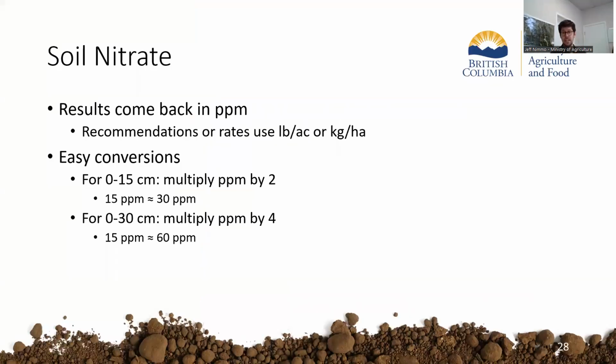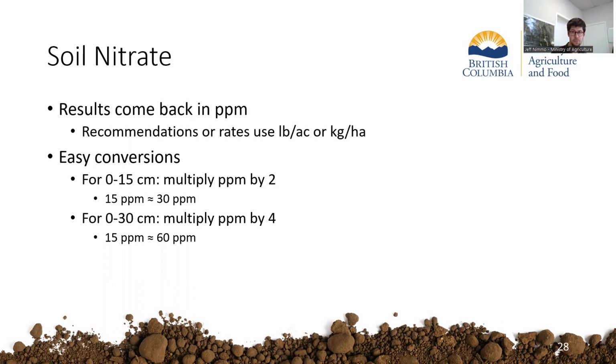So when you're looking at nitrate values, the results will come back in parts per million as a concentration. If you contrast that with some of the other nutrients, where they also come back in parts per million concentration from a soil extract, usually that's just referenced against a sufficiency level, whereas soil nitrate is just a measure of how much was within the soil at that time.